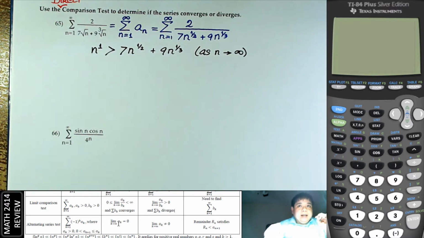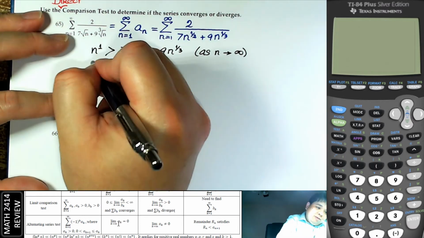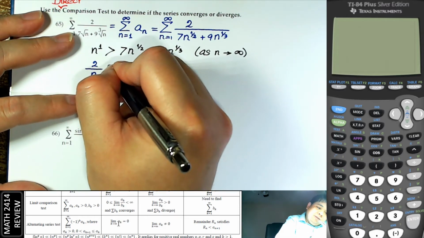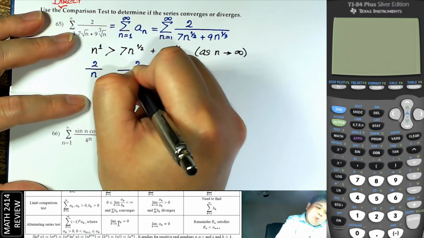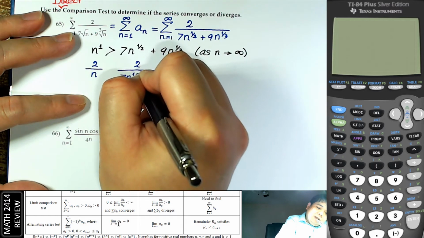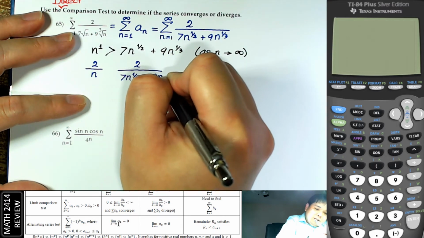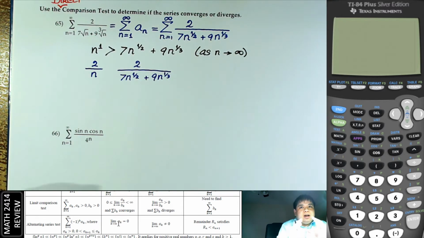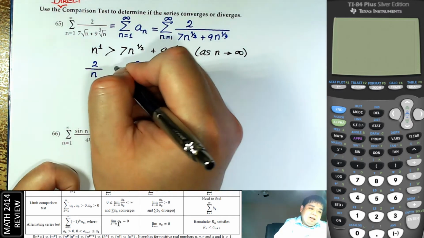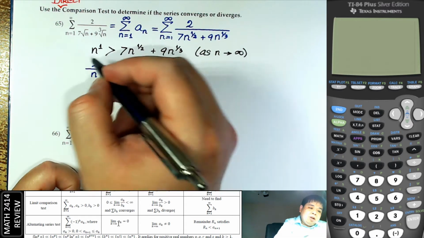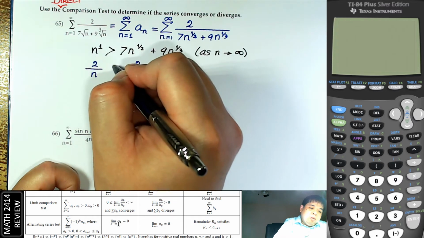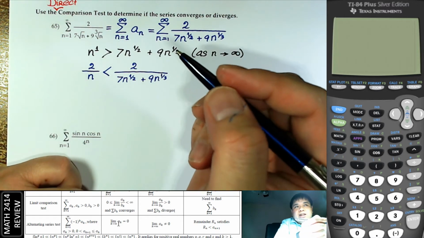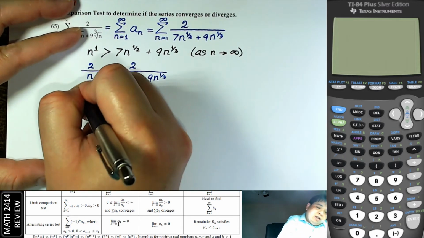Now, if we have the bigger one on the bottom, then we just divide them, and we see which one is bigger. Now, the bigger the denominator, the smaller the quotient, right? So the bigger denominator will be the smaller quotient. The rest is simple. We put the summation into it.